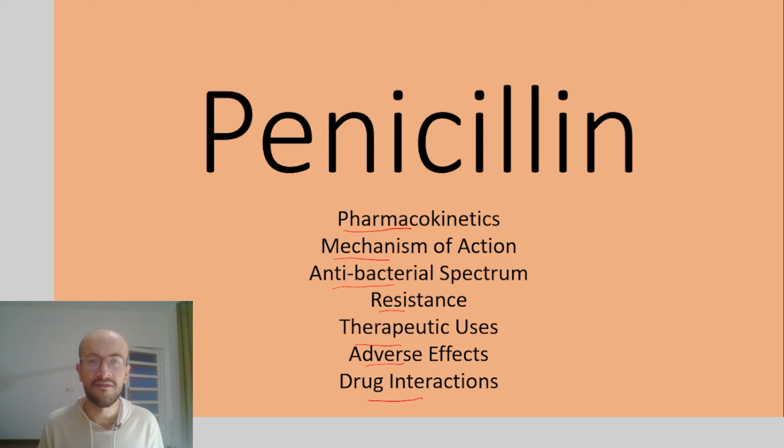And after a lot of research, they finally produced penicillin commercially in 1942, which was a really great discovery. It changed the way that we approach infections, and Alexander Fleming received the Nobel Prize in 1945. So besides that, let's start.